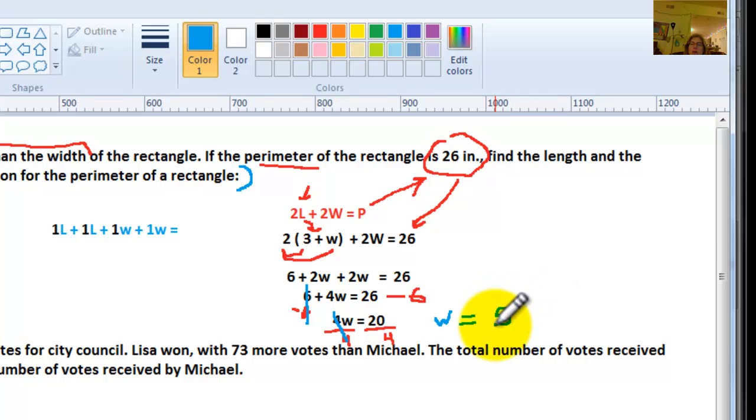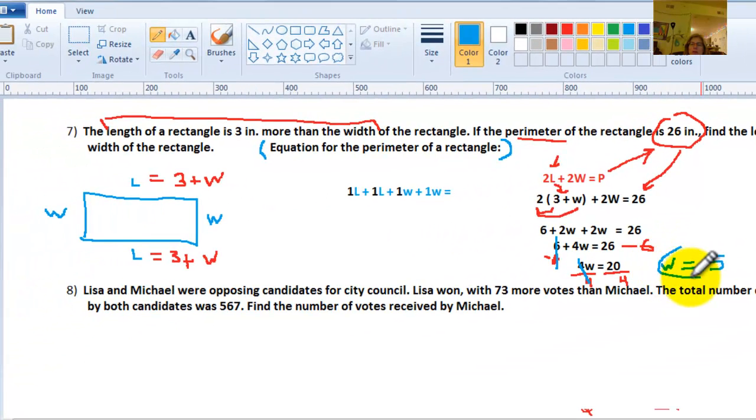So we have a width. That's not our whole question. Find the length and the width. So we have width equal to 5, and what is our equation for the length? Right here, L equals 3 plus W, so L equals 3 plus 5, which is 8. So that would be your length of 8, width of 5.